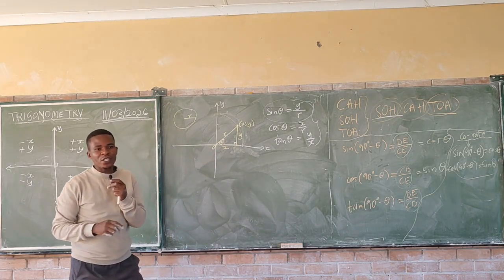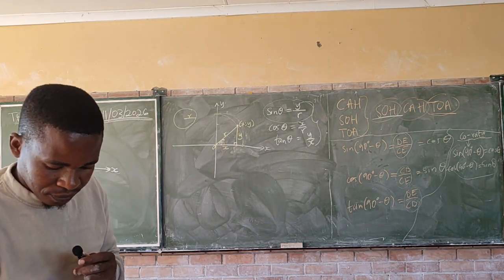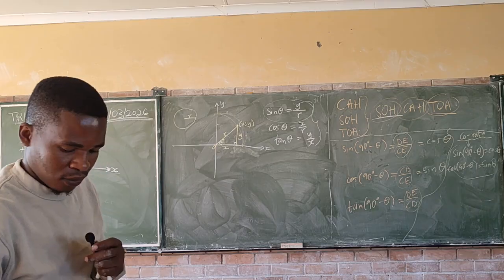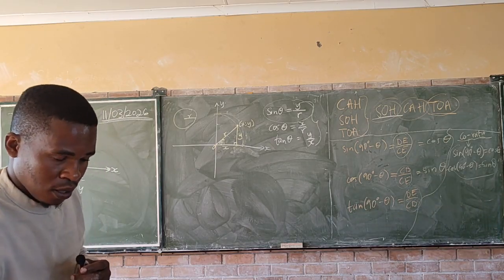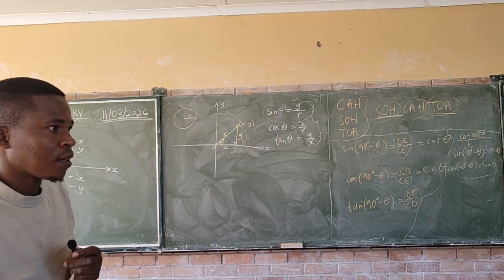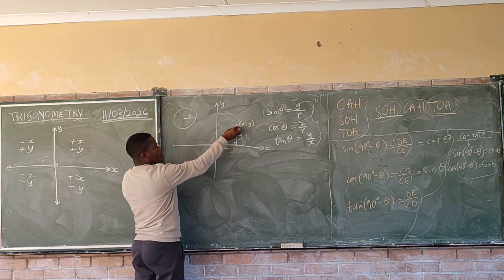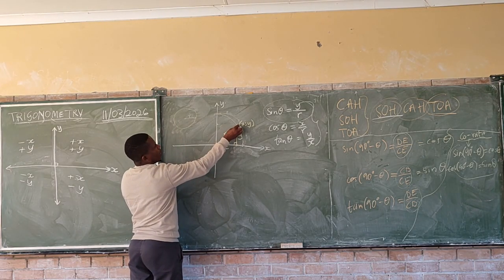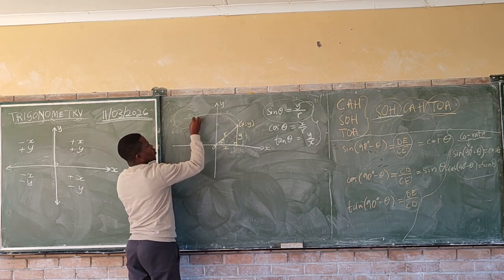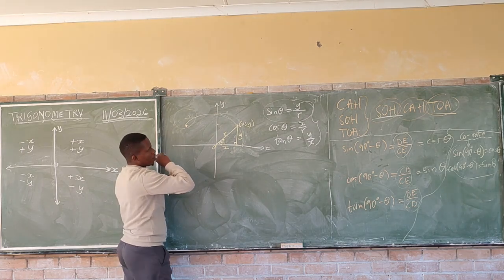Now remember the arm is still rotating again. Let's rotate it again. Now as this point is rotating, you can see that it may rotate and end up maybe at this point.